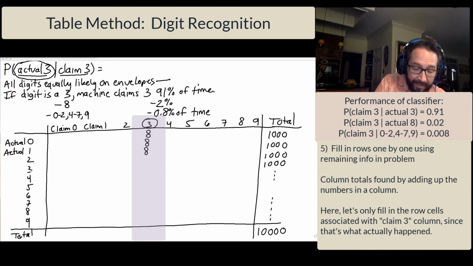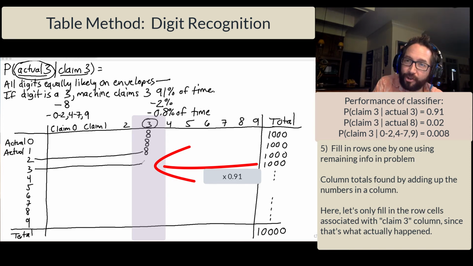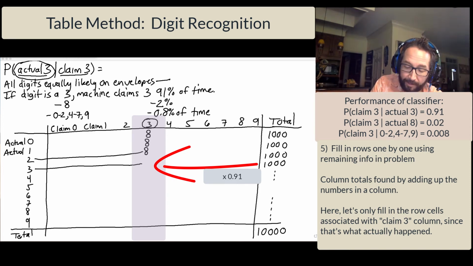If it actually is a 3 here, I draw some little lines to represent what numbers I'm matching up with. If it actually is a 3, the machine gets it right 91% of the time. So of those 1,000 times that it actually is a 3, it's going to claim it's a 3 910 times.